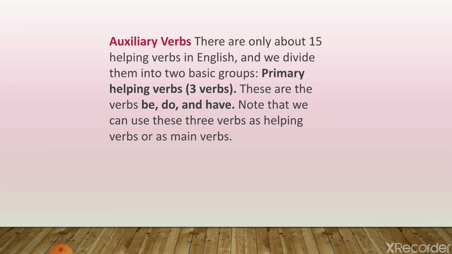One is the primary helping verbs, which consist of three verbs. The three verbs are be, have, and do. They are known as primary auxiliaries. Their forms are: be covers be, is, are, am, was, were, being, and been.